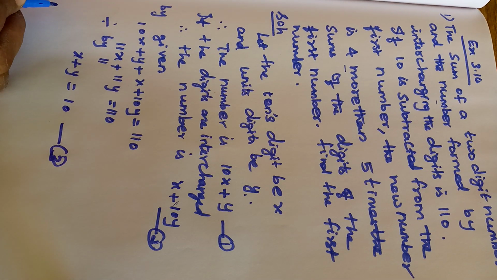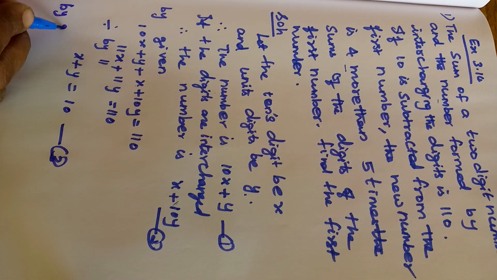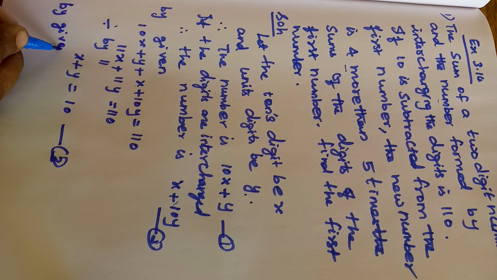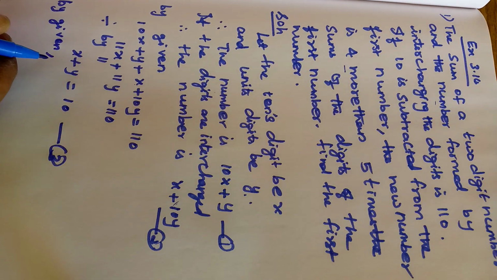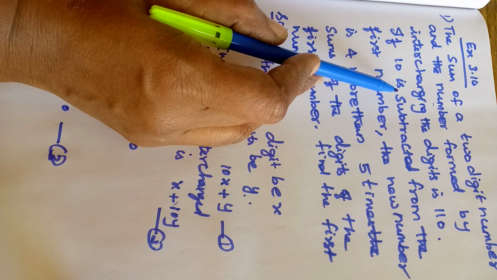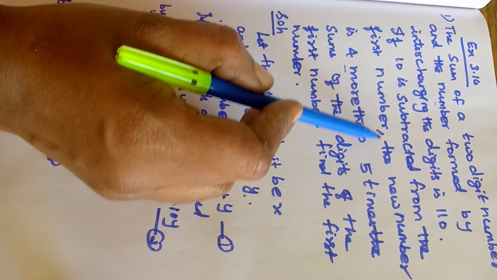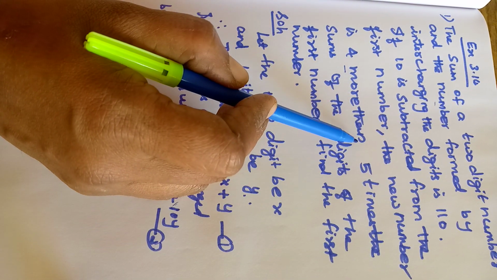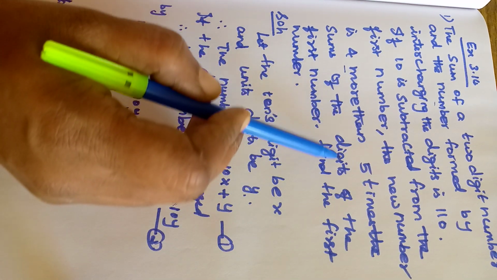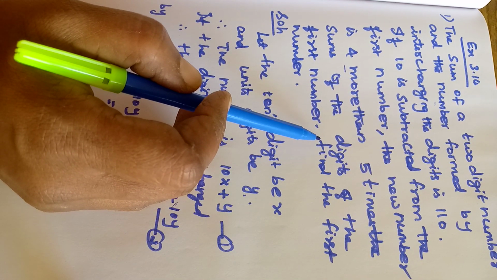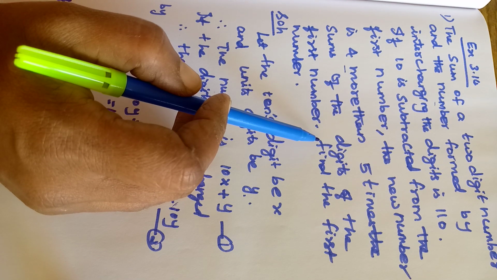Again by given, what is the next condition? If 10 is subtracted from the first number, the new number is 4 more than 5 times the sum of the digits of the first number. What do you mean by this? 10 is subtracted.